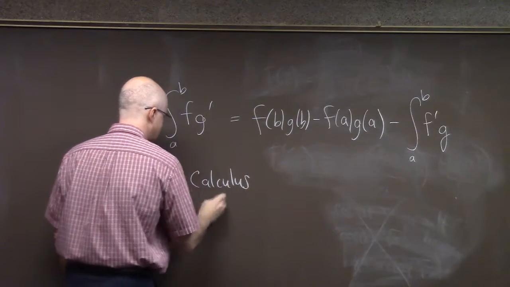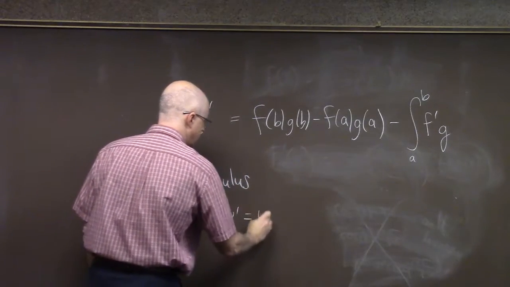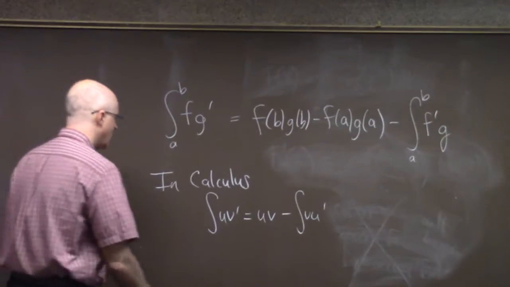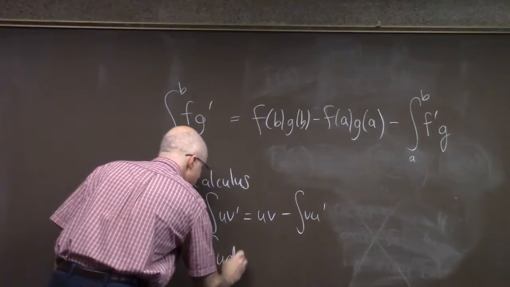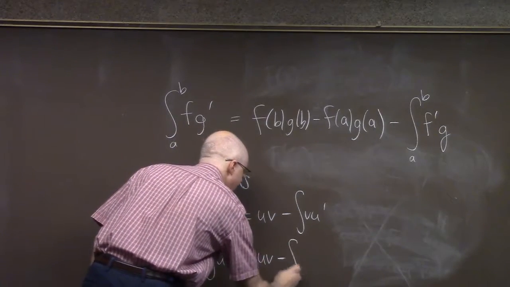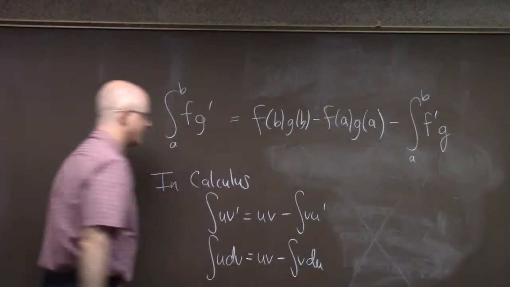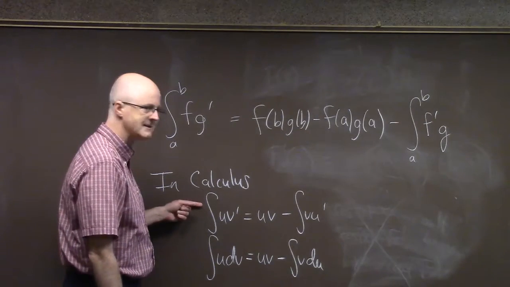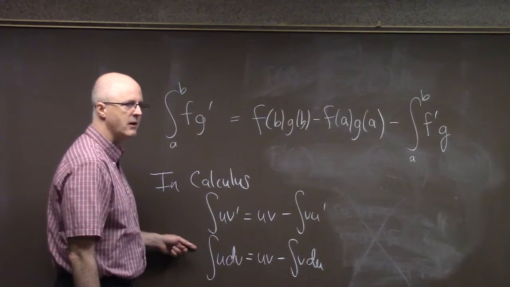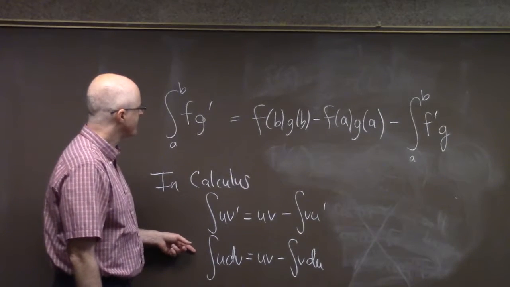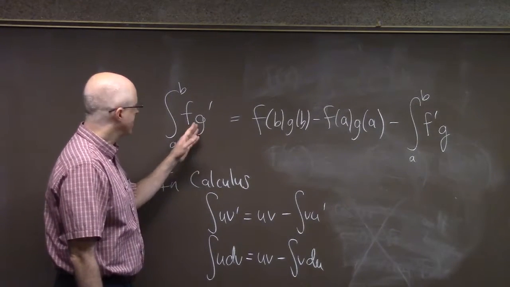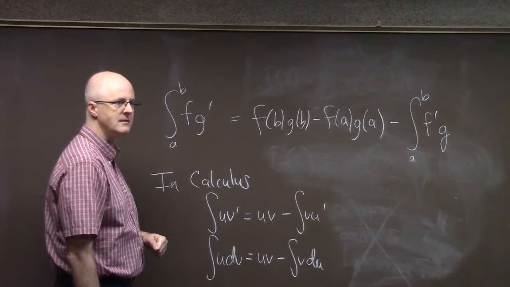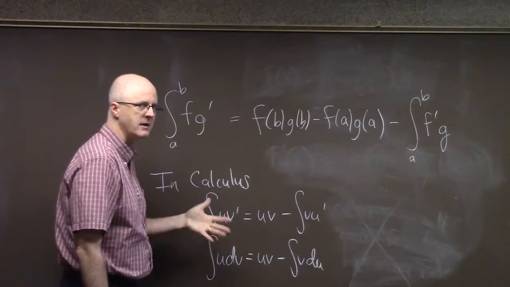In calculus, you'll typically see it either written like this, and I'm writing these as antiderivatives, or perhaps like this. Our calc book typically writes it like this, and we use it here. Other calc books write it like this. It's the same thing. Essentially, f is playing the role of u, and g is playing the role of v. These things are functions of some other variable like x.